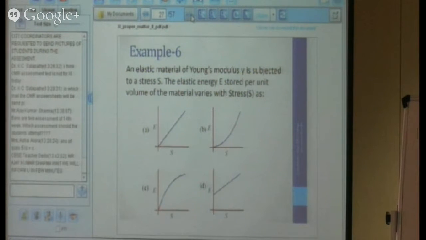Do you know if there's a linear relation, your graph is going to be a straight line? If it is a quadratic relation, it's a parabola. But we have to check whether the parabola is increasing or decreasing. And if I have 1 by a quantity related, I'm going to get a hyperbola. If y is proportional to 1 by x, I'll get a rectangular hyperbola.